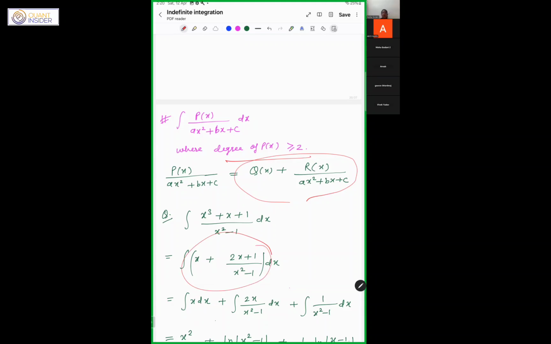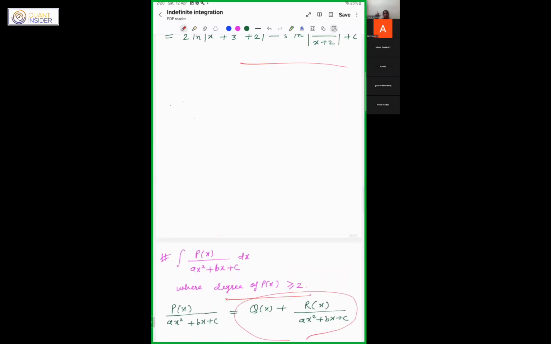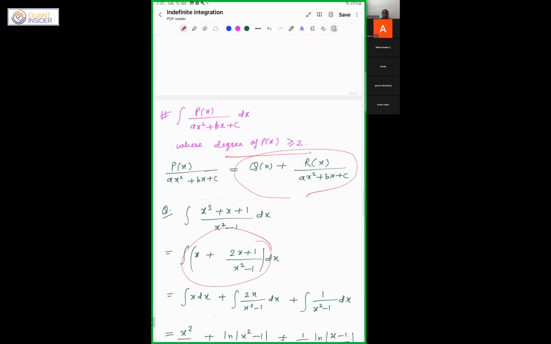How many of you know the long division of polynomials? Or should I explain this division? Px can be any function, any polynomial. Actually, this is a polynomial, but the degree can be anything greater than or equal to 2.